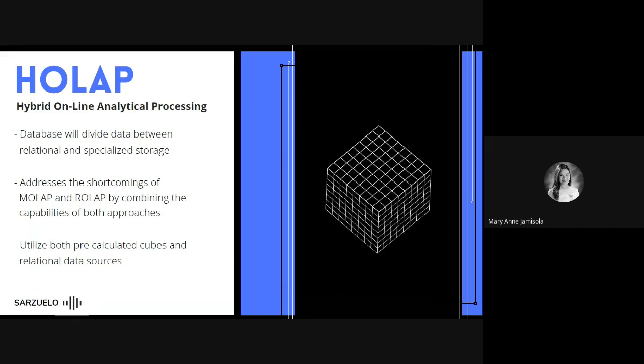HOLAP addresses the shortcomings of MOLAP and ROLAP by combining the capabilities of both approaches. So, best of both worlds. That's HOLAP. HOLAP tools can utilize both pre-calculated cubes and relational data sources. So, under HOLAP, it's actually a combination of MOLAP and ROLAP. It uses both tables and data cubes.